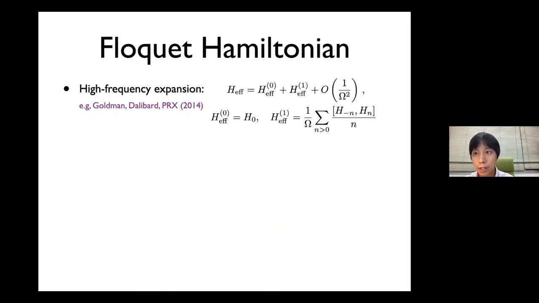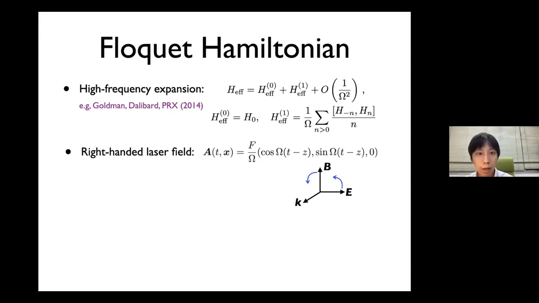So far, the discussion has been general, applied to any system, but we are interested in the application to QCD. For that purpose, let us consider a more concrete setup. Let us first specify the configuration of the laser field. This is a gauge field as a function of the time and the coordinate z.